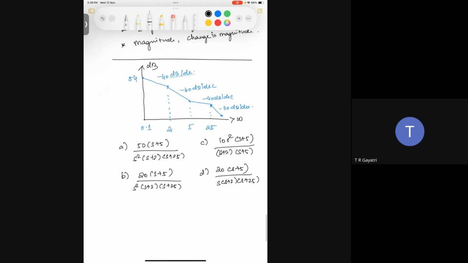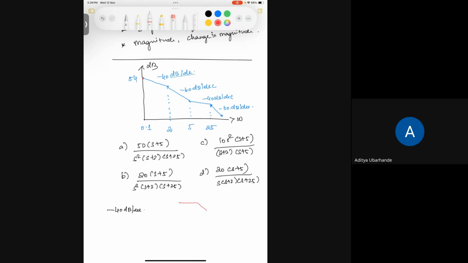Can you guess the answer, given all the training we did so far? The first one. If it has to start with minus 40 decibels per decade, what should be the reason? Double poles at origin. Exactly. Very good. So either A or B. There is no constant zero.